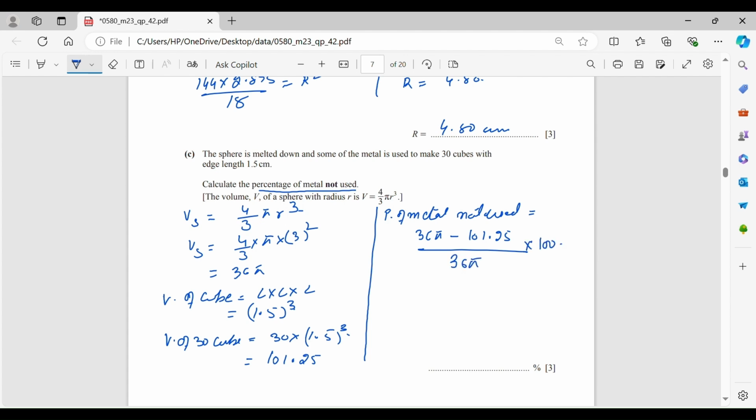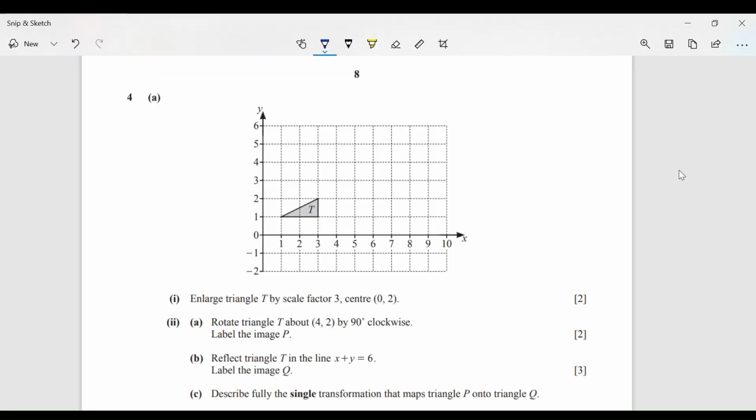We will use the calculator for this, and this will be equal to 10.47534451. Approximately, to 3 SF, it will be 10.48%. This is our answer, that is 10.48. Next question, question number 4.